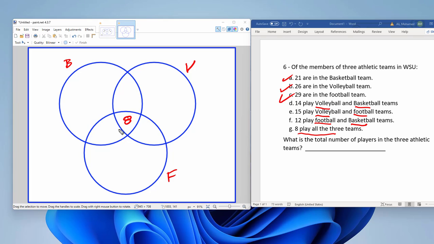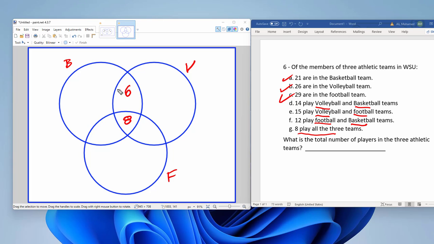Now I'm going to look at the ones that play in volleyball and basketball. So they play here, volleyball and basketball, and there are 14 of them. 8 of them right here. So 14 minus 8 is 6.